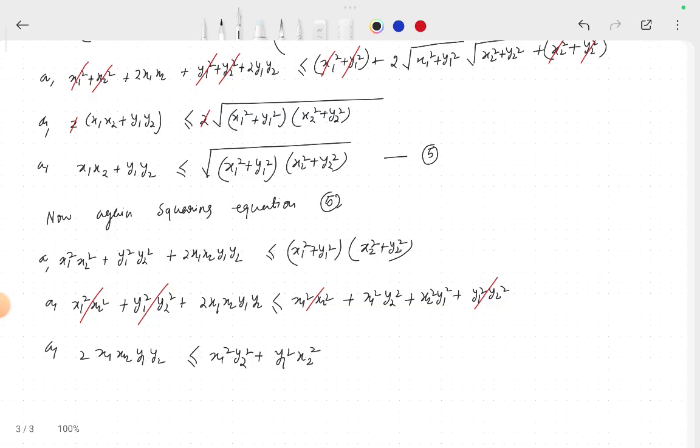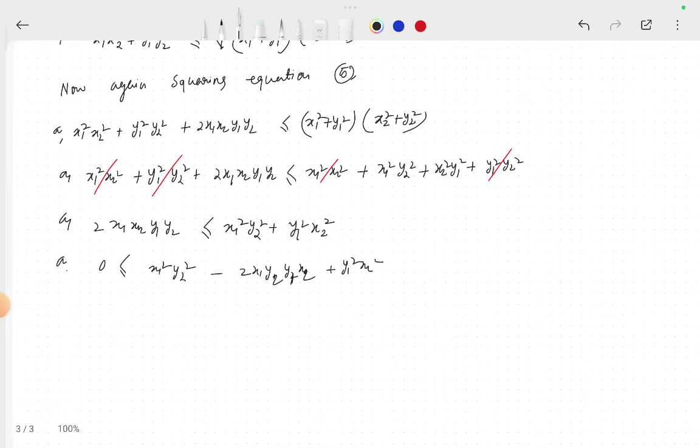Okay, so it is equal to, actually, 0 is less than or equal to x1 squared y2 squared minus 2 x1 y1 x2 y2 plus y1 squared x2 squared.